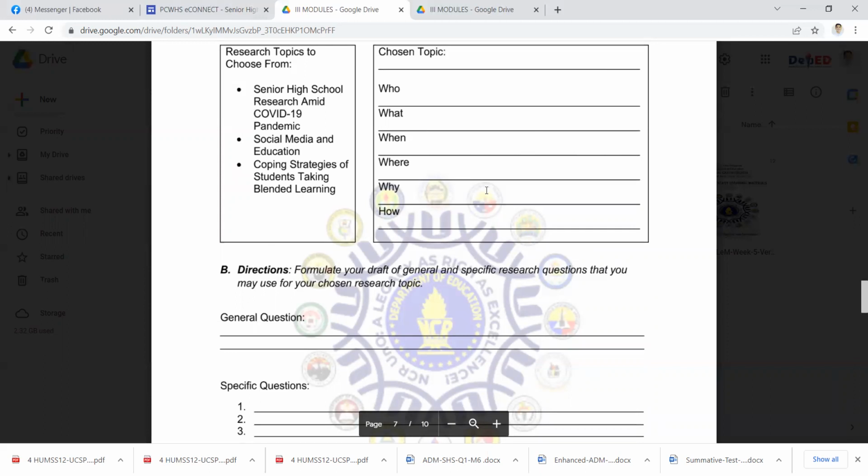Now, to make it easier, you have to look into what is the need of society now. But in this case, you have to answer the WH questions.